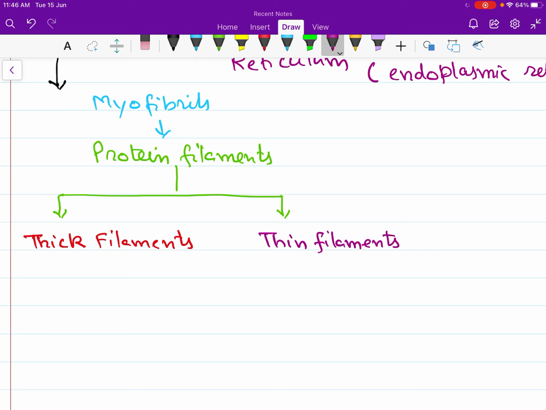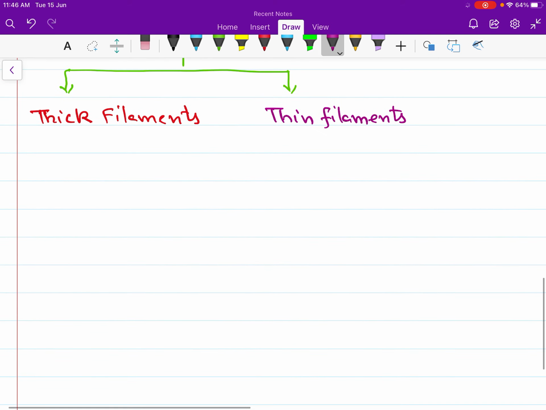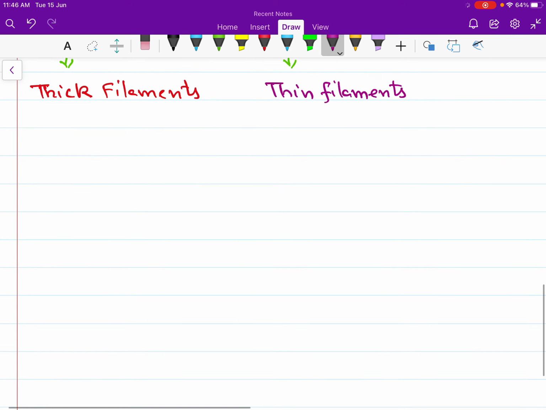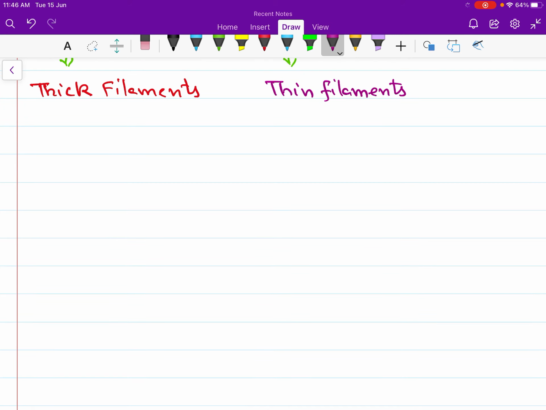Now let us see the distribution of these thick and thin filaments within the myofibril. There is a line which is called the Z line. Here what I am drawing is the Z line.